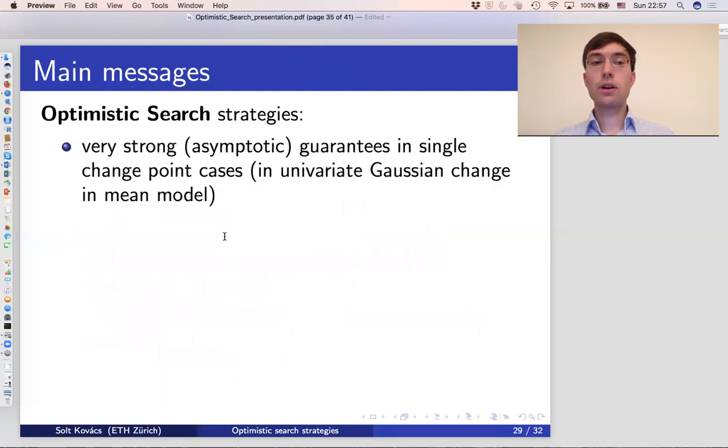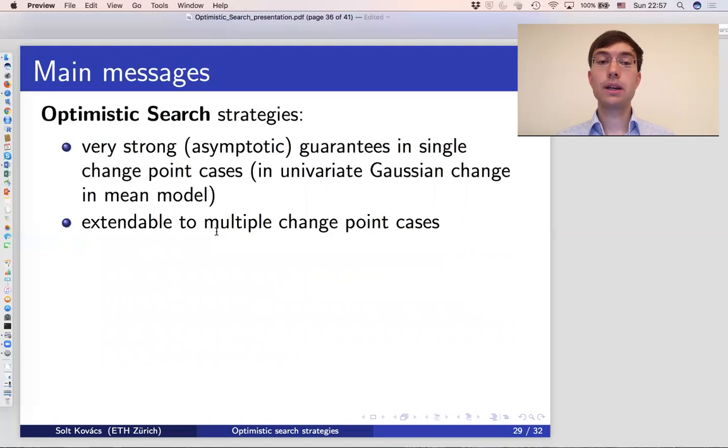And there are further phenomena that one could for sure study. So overall, this optimistic search that I introduced, especially the advanced version thereof, has very strong asymptotic guarantees. So for a single change point, one essentially loses nothing compared to full grid search, even though we only do a logarithmic number of fits.